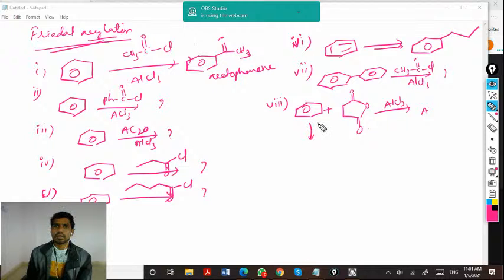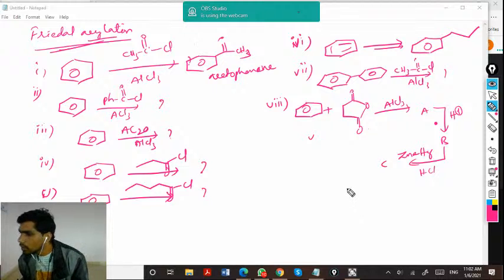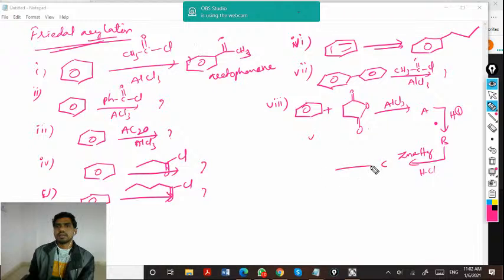And one more. If I extend this, with H plus, it will be B. Then B, with reduction using Zn-Hg and HCl, will be C. C, if it is treated with palladium, is going to give naphthalene.